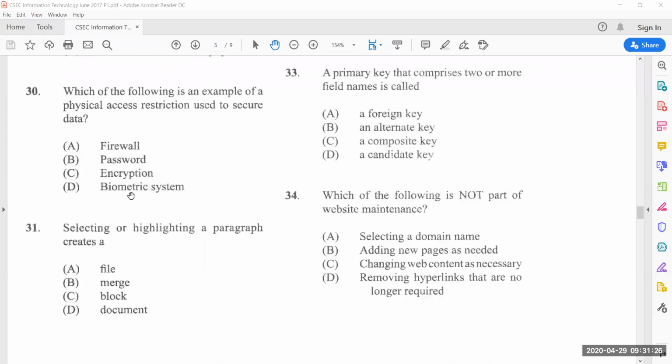Okay, moving on to question 30. Which of the following is an example of physical access restriction used to secure data? All right, let's get some persons talking here. Hannah, are you there? What do you have for question 30?